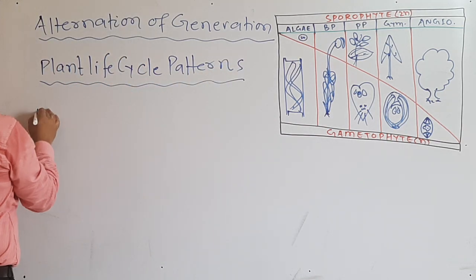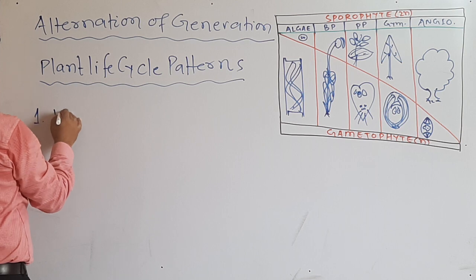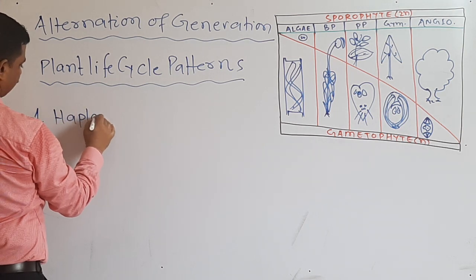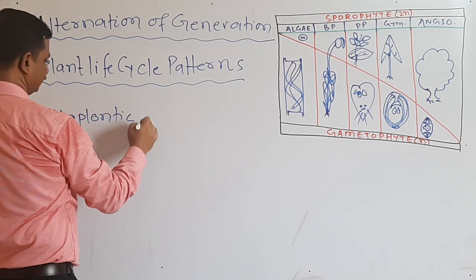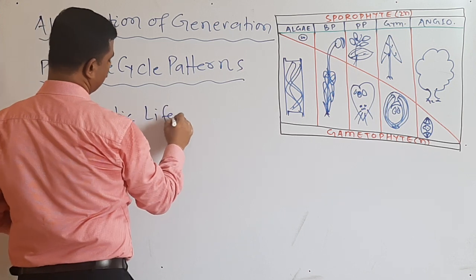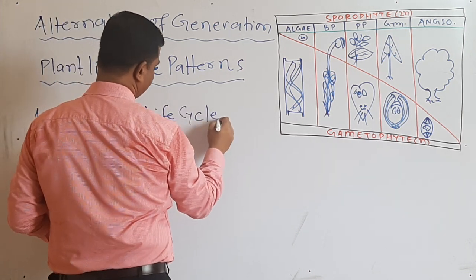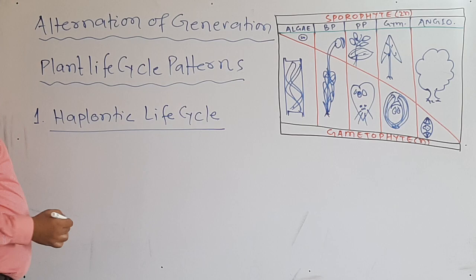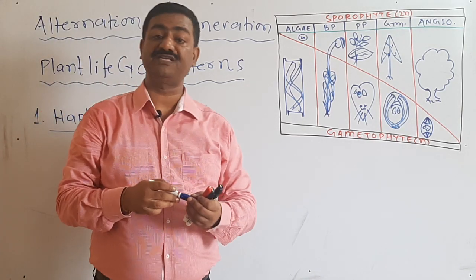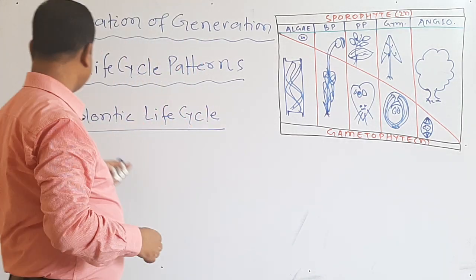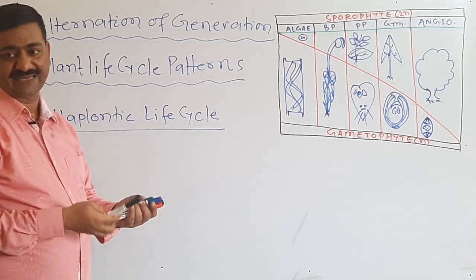First we will study the haplontic life cycle. In fact, generally we have three types of life cycle. First, I am talking about the haplontic life cycle.